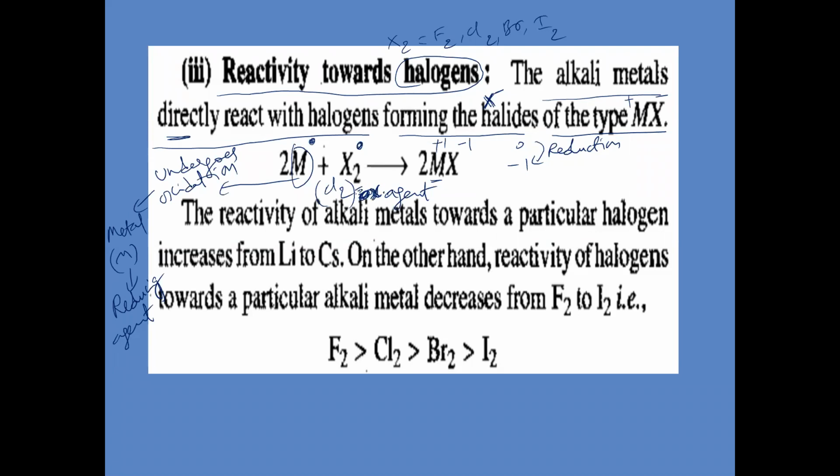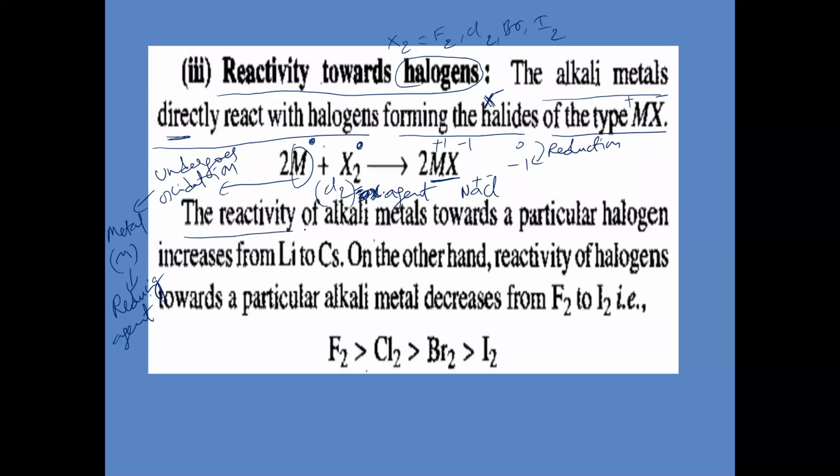So the halogen is an oxidizing agent because it undergoes reduction. Like this, MX type metal halides will be forming, like NaCl, Na plus Cl minus. Is that clear?